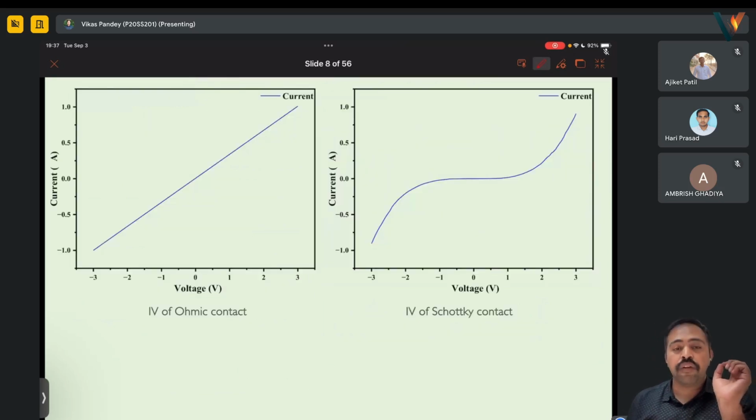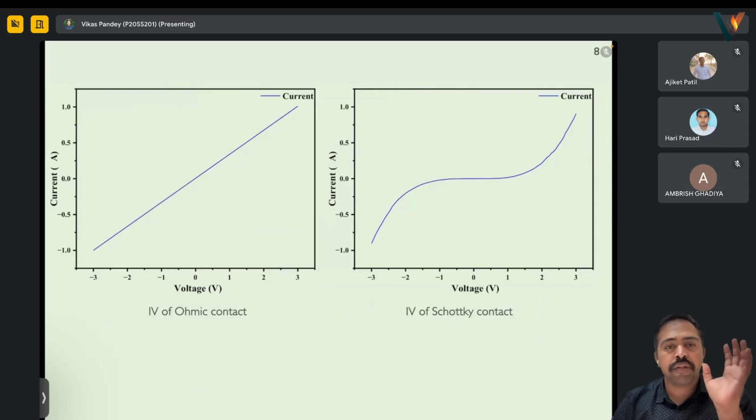So here are graphs of two of my devices. In one case, you see that this one is a perfect contact where the metal layers are perfectly matched. What we generally do is gradually make a difference.